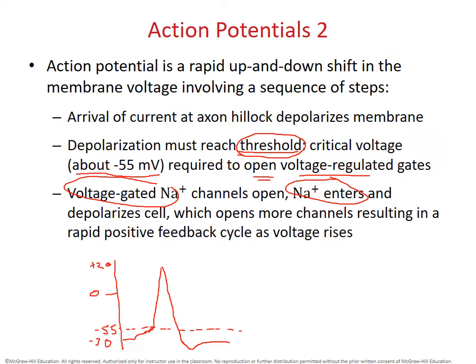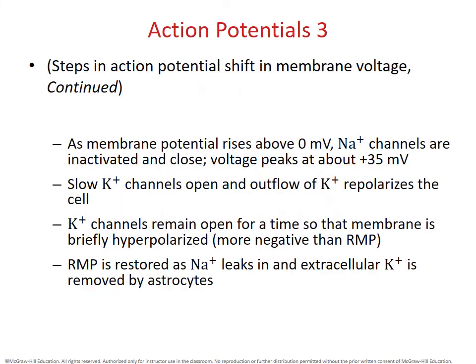All right, so what causes that repolarization once we get the initial depolarization? Well, let's see what our objectives in the slide is saying here. As the membrane potential rises above 0, remember we said it was going to go all the way up to +20, the sodium channels begin to become inactivated. These are voltage-gated channels, and they are stimulated by voltage in multiple ways.